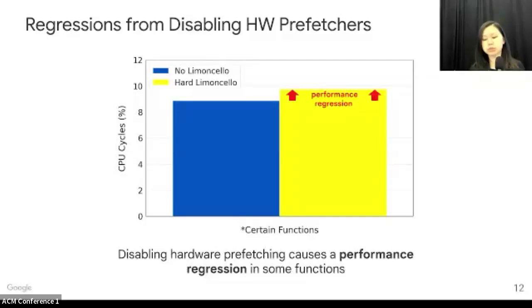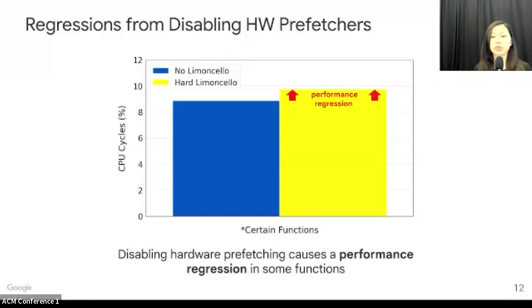And this is the CPU cycles for a certain set of functions that I will describe in more detail very shortly. But notice how in this figure with the yellow bar, when we turn off our hardware prefetchers with Limoncello, we see the slight performance regression, and there's more CPU cycles spent in these functions.